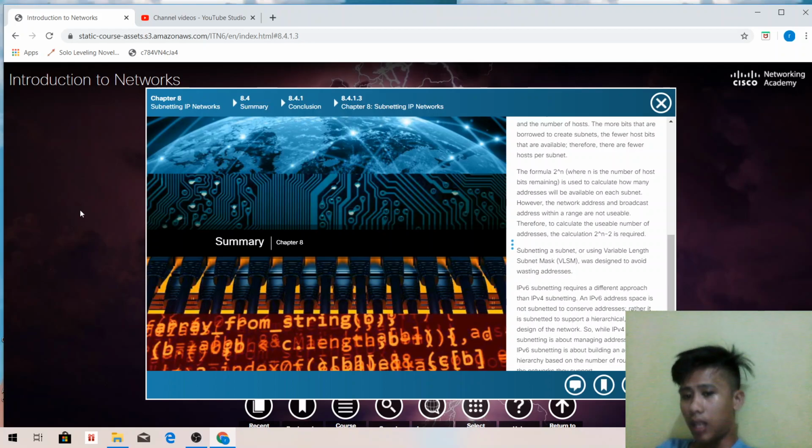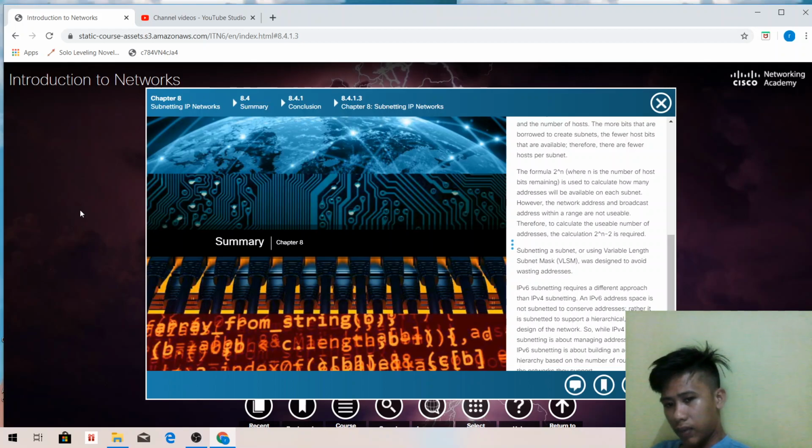Subnetting a subnet, or using variable length subnet mask (VLSM), was designed to avoid wasting addresses. IPv6 subnetting requires a different approach than IPv4 subnetting. IPv6 address space is not subnetted to conserve addresses, but rather to support a hierarchical logical design of the network.